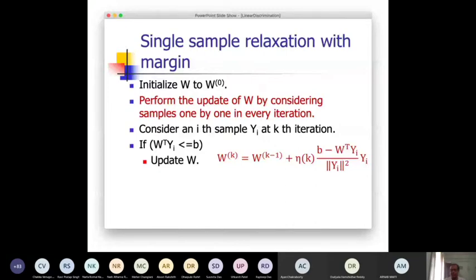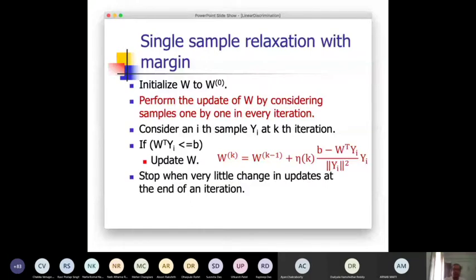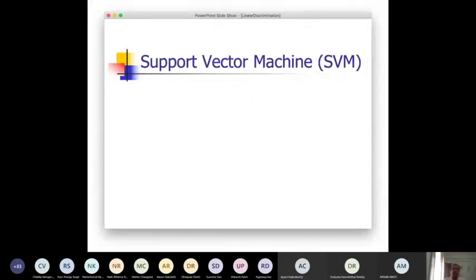Every iteration consists of updates with single samples of the whole training data set, and we can call it an epoch. Sometimes those terms are used. We stop when there is very little change in the weight vectors.